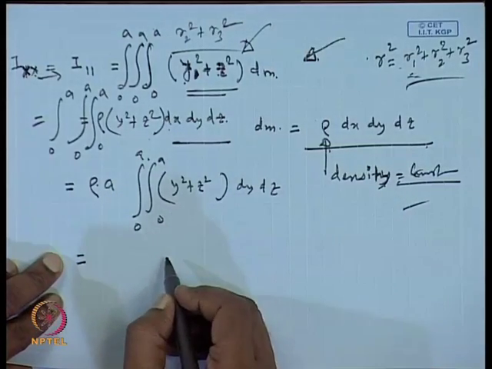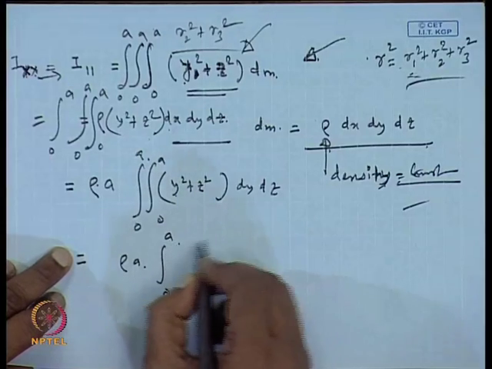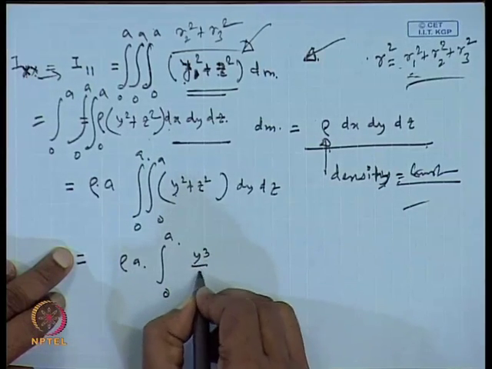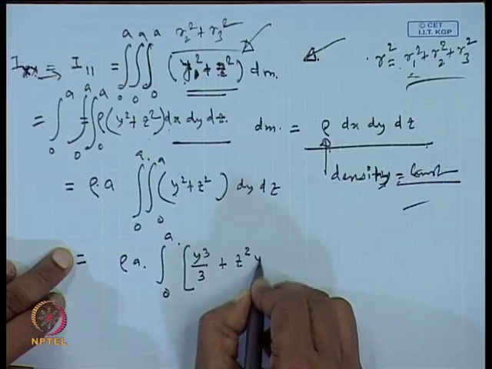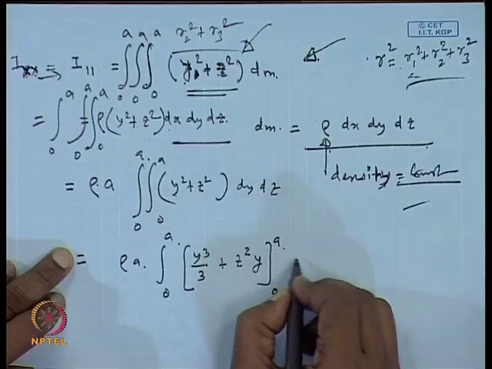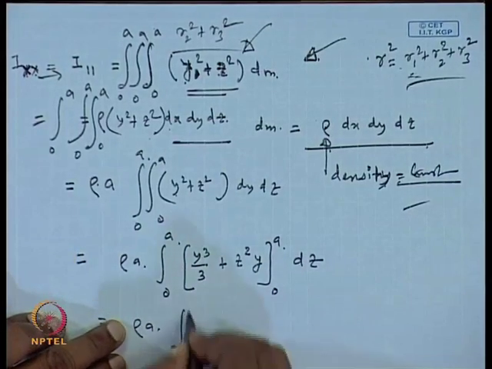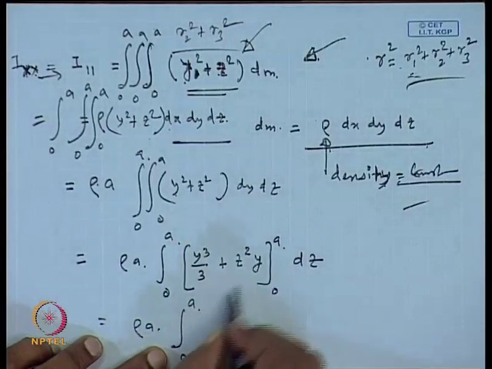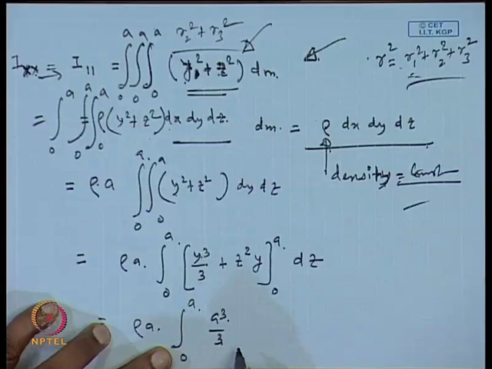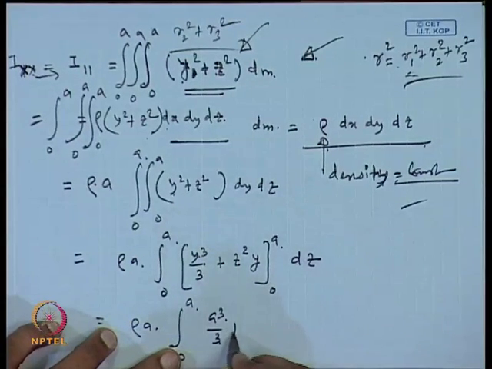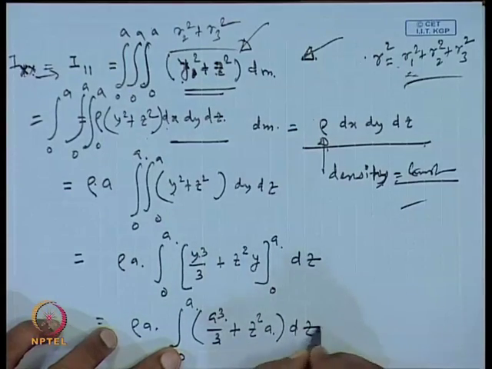Now, let us suppose that we integrate for y. So, rho a, 0 to a, this becomes y cube by 3 plus z square y, 0 to a, dz. And by putting this value a in this place, this becomes a cube by 3 plus z square a dz.